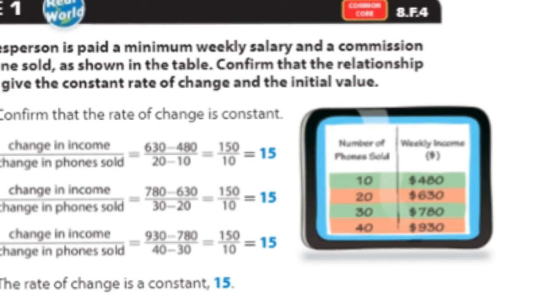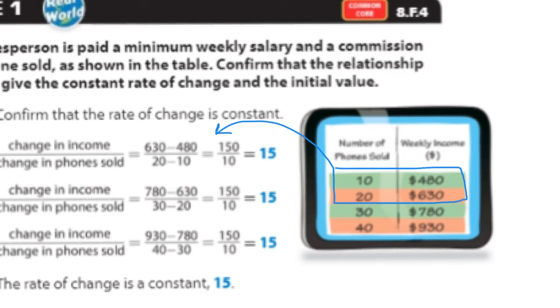The first thing they did was to use the first set of data along with the second set of data. And they use this to find the rate of change. So when you're confirming, you're actually finding the rate of change. So by doing this confirmation, you're also solving one of the parts they asked you to do.